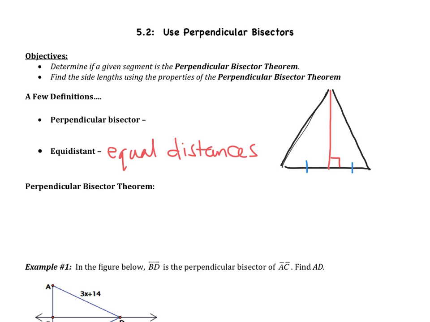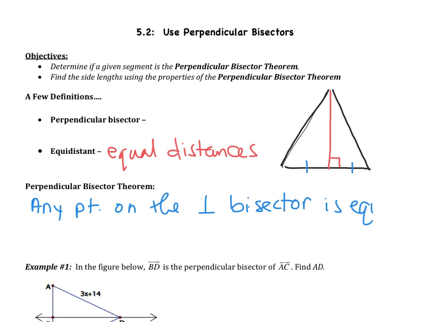All right, so I am going to go back to the picture when I talk about the theorem. The theorem basically says that any point on the perpendicular bisector, I will abbreviate perpendicular with the upside down T, is equidistant.